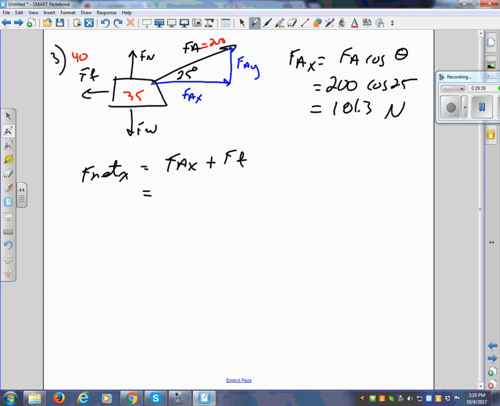So that's going to be my 181.3, and my friction force is going to be minus 40. So that's going to be, of course, 141.3.